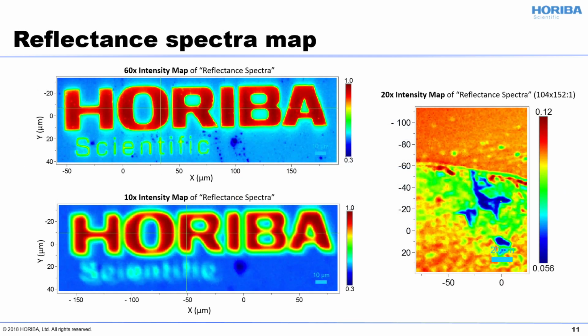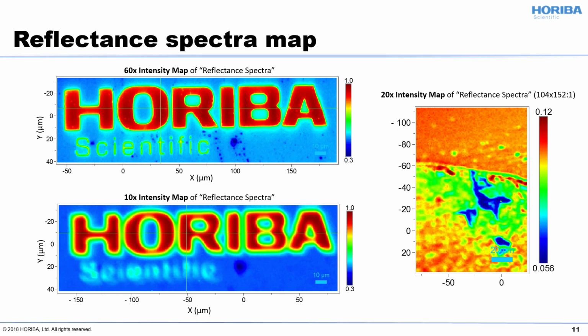In addition, I also want to show that our SMS system also has very good performance on the reflectance mapping function. On the left side is the silicon sample with gold etching on the surface. The top one is 60x, the resolution is 1 micron, and the bottom one is 10x.